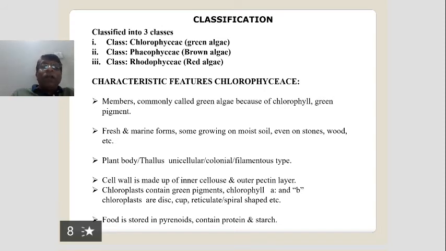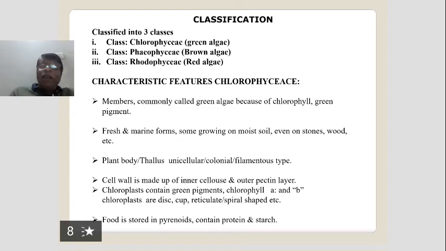The plant body is thalloid. You have seen the diagrams. Maybe unicellular. You imagine the whole plant body is made up of only one cell. Unicellular. Chlorella, a very good example.